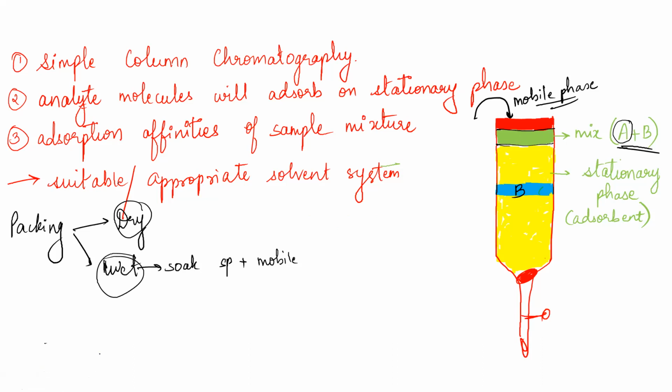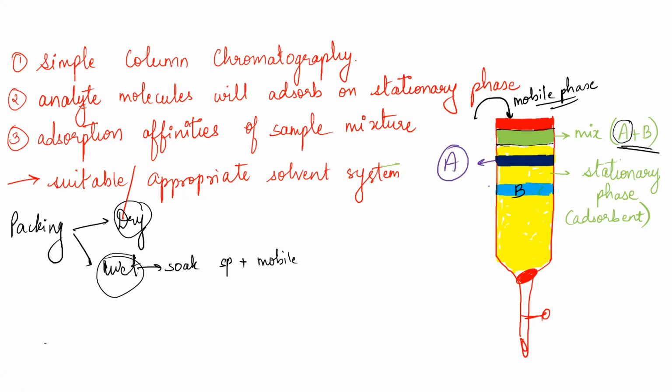This time it is of a different color, because A plus B was giving me green color, but now B has separated, it has become blue in color. And I will choose, say, something like this. This is my A analyte. This is A, this is B.